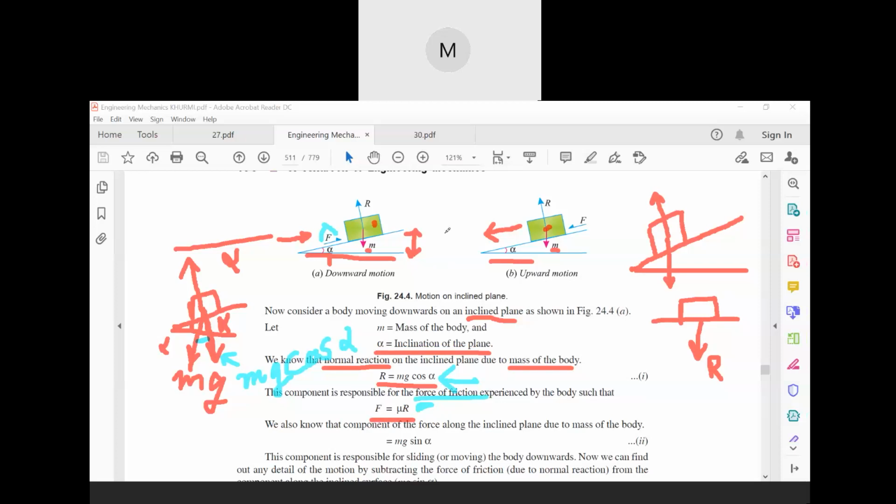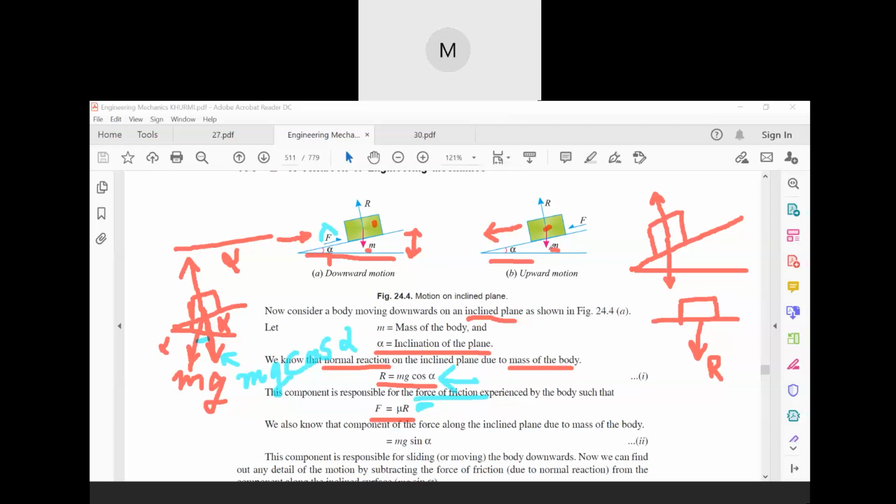So since R is the normal reaction and mu is the coefficient of friction, we can say that F equal to mu into R.